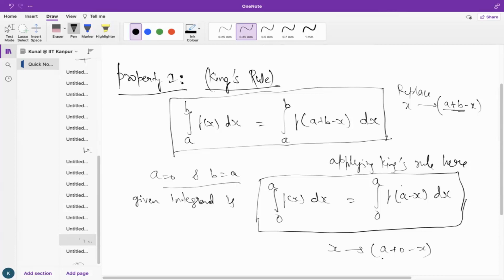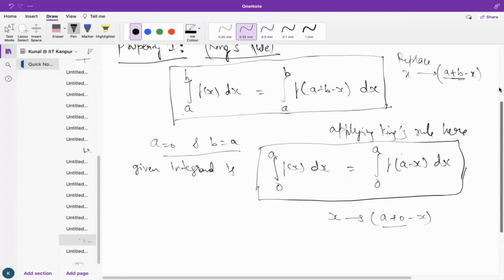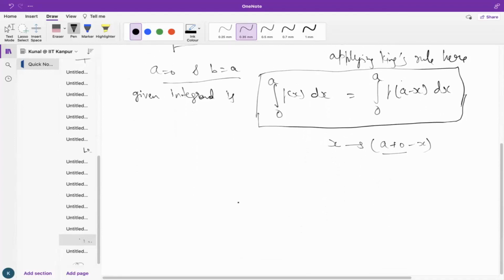That means the sum of upper and lower limit minus x. I just replaced x by the sum of the upper and lower limit minus x. So let's go through its proof, how to prove it.